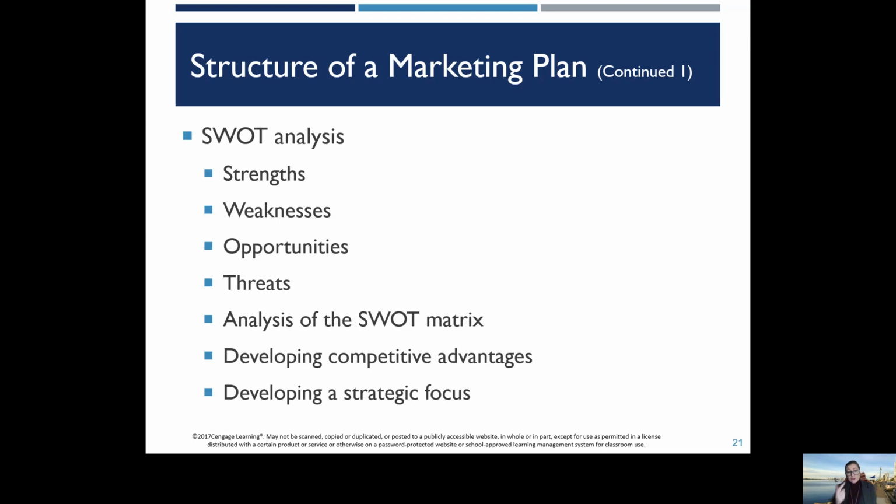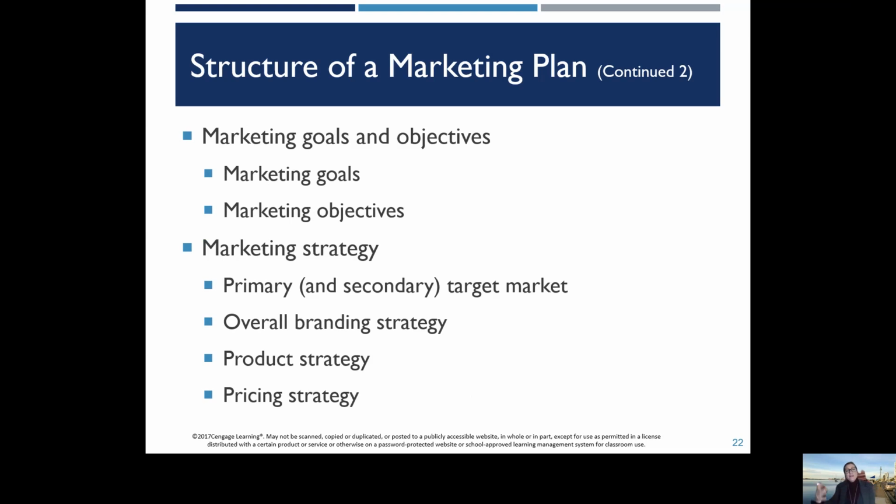SWOT is about strengths, weaknesses, opportunities, and threats of an organization. It's typically presented as a matrix, and it helps to identify what is an organization's competitive advantage and therefore what should be the strategic focus.